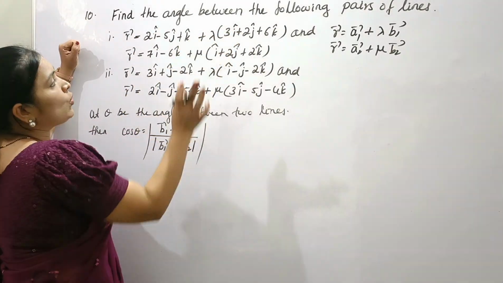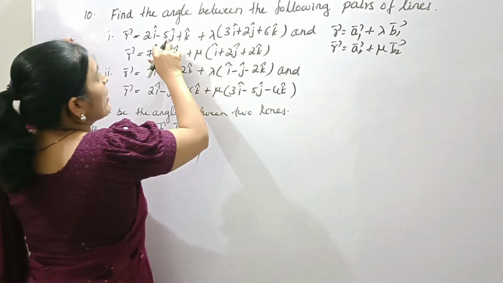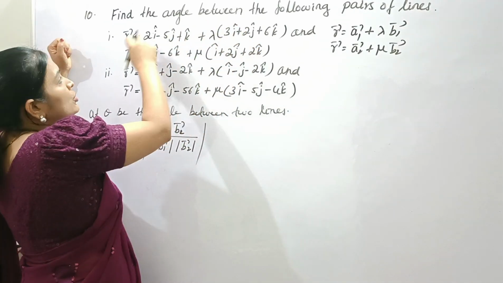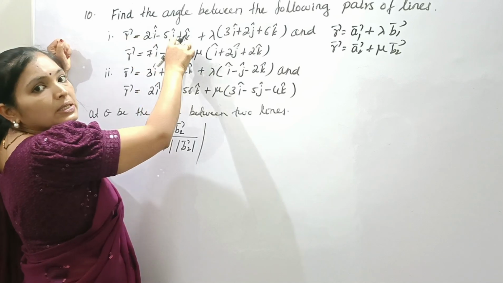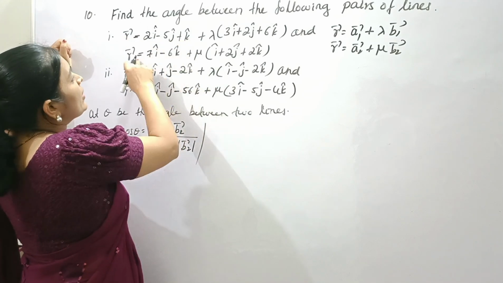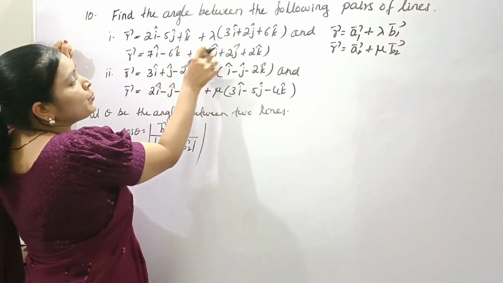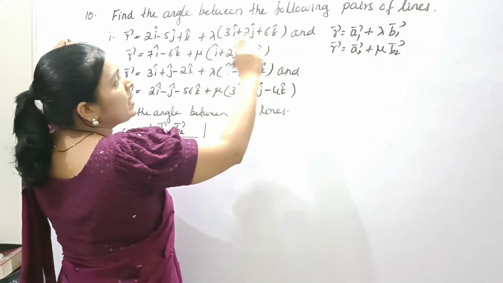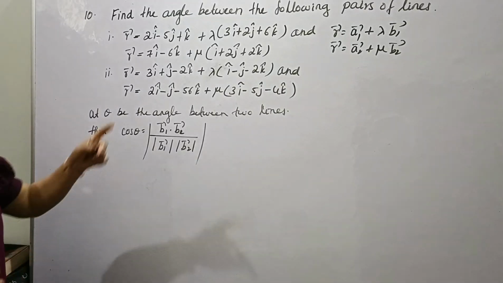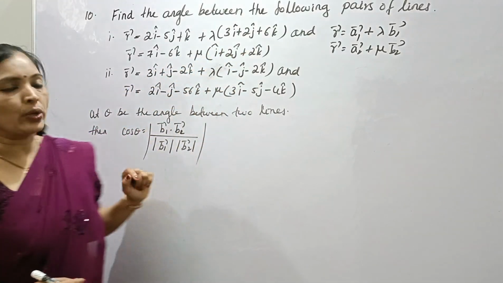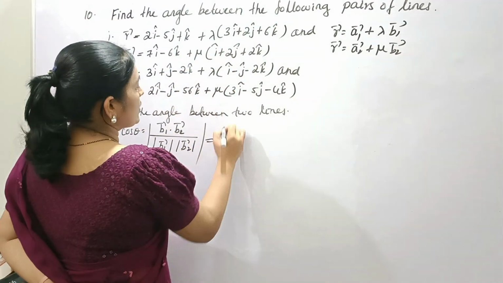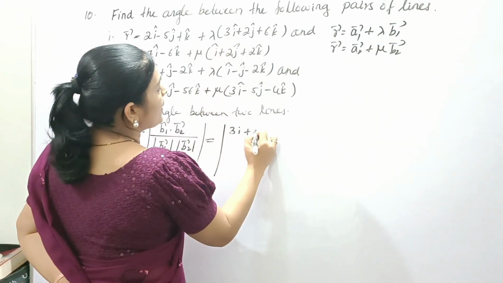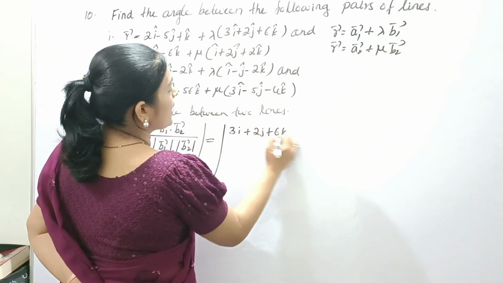The given equations are of the form vector r is equal to vector a1 plus lambda vector b1, where b1 is the parallel vector of this line, and vector r is equal to vector a2 plus mu vector b2. So vector b1 is 3i plus 2j plus 6k, and vector b2 is i plus 2j plus 2k.